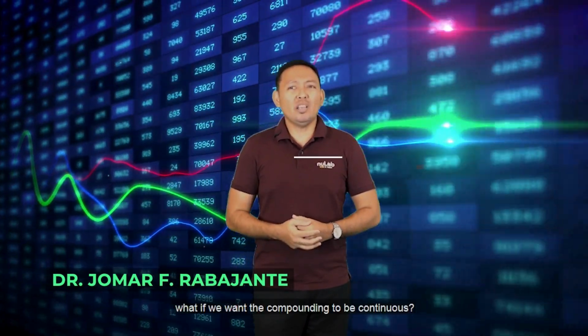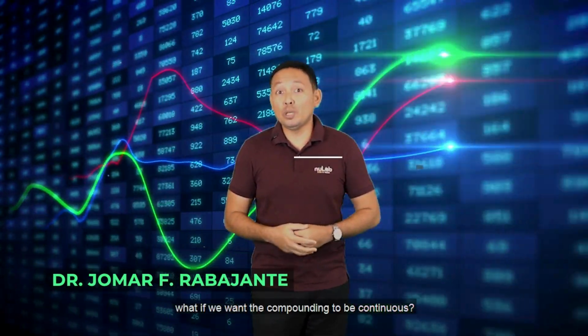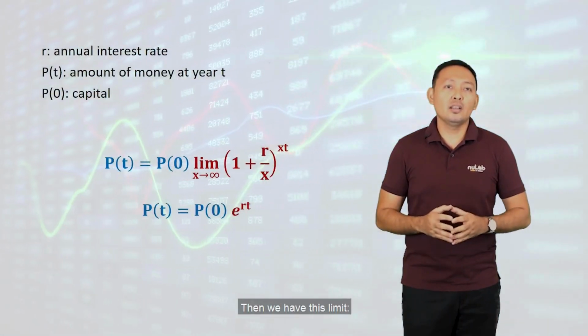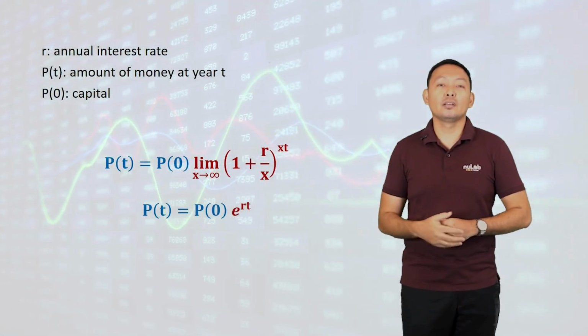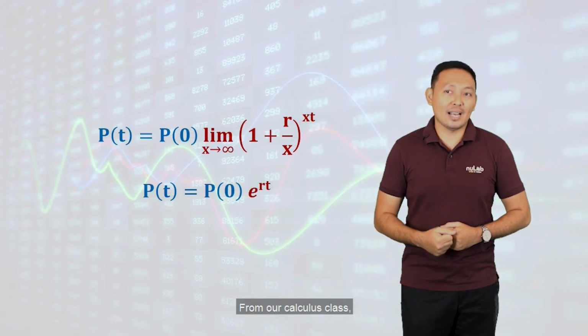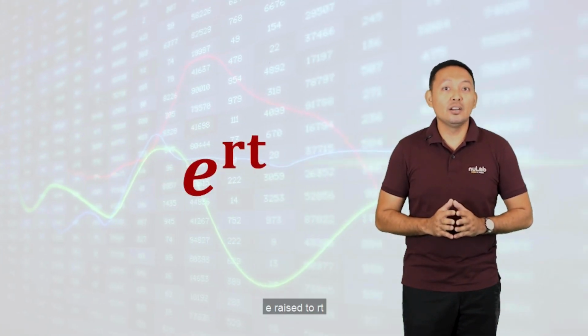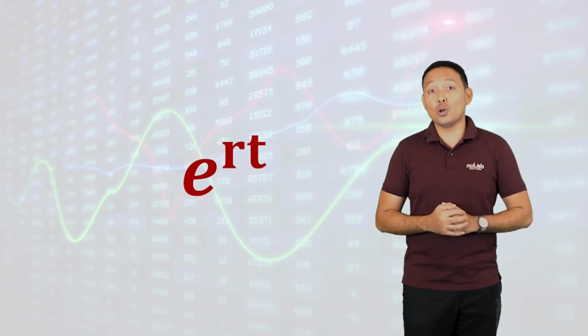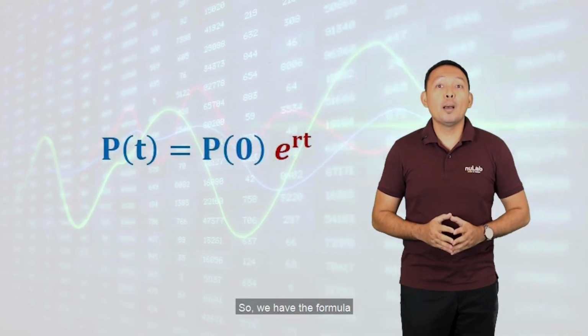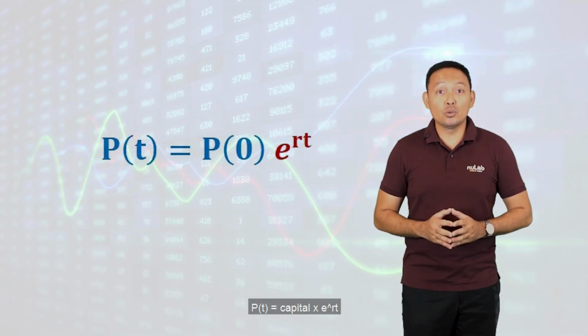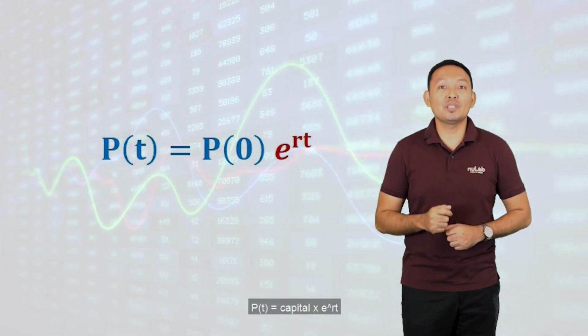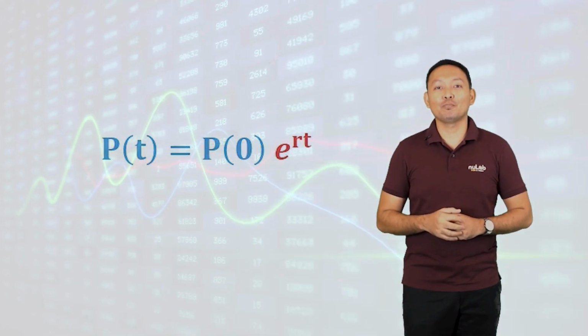Now, what if we want the compounding to be continuous? Then, we have this limit. From our calculus class, we know that this limit is equal to e raised to rt. So, we have the formula P of t equals capital times e to the rt.